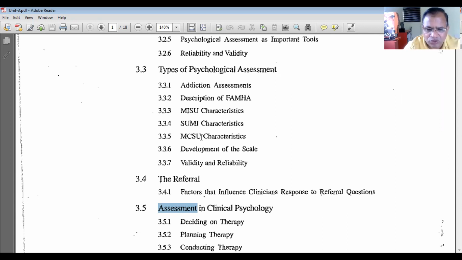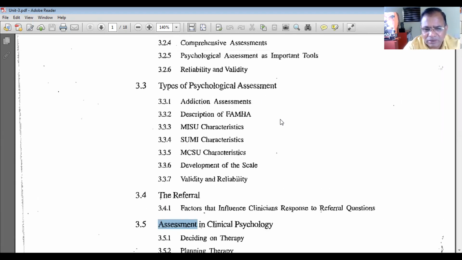MCSU is also a short form. Development of the scale, again the validity and reliability of psychological assessment from the point of view of these tests. Here the validity and reliability is discussed from the reliability and validity of this test, MISU, SUMI, MCSU, etc.